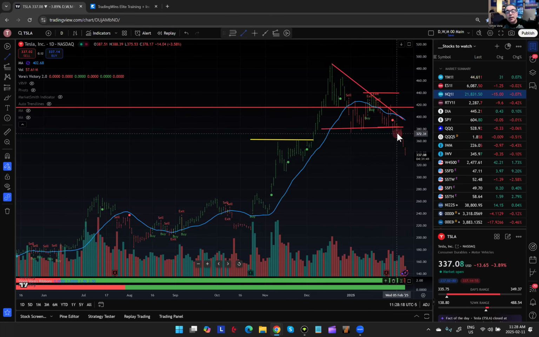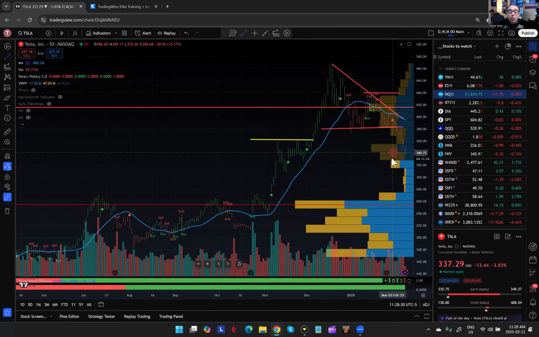So on the break of these lows, when we close below here, I went short, and it's been working out great so far. And what I see is that there isn't a lot of support until we get down to the 260 area, right in here, right? So we could actually continue to fall to 260 here, and then we would reevaluate.